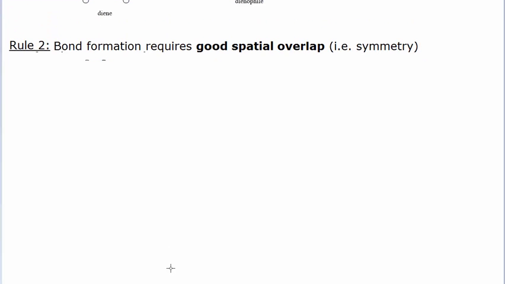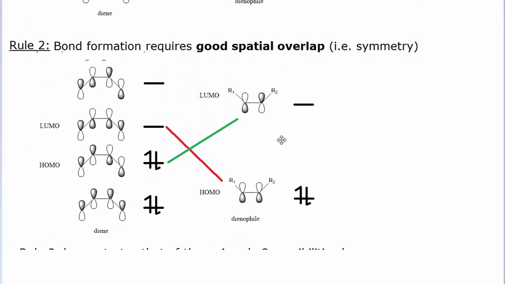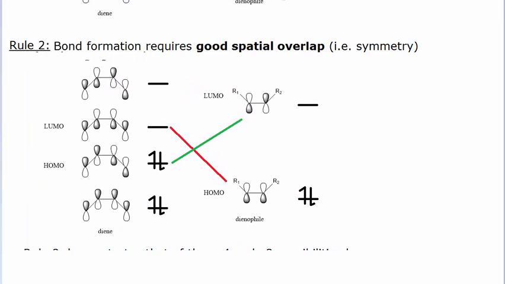The second rule is that for the formation of a good chemical bond, you require good spatial overlap. What that means in the context of most bonding is that you need good symmetry. Okay, so the only times that the symmetry works out for this bonding arrangement is going to be in these two configurations I have here.